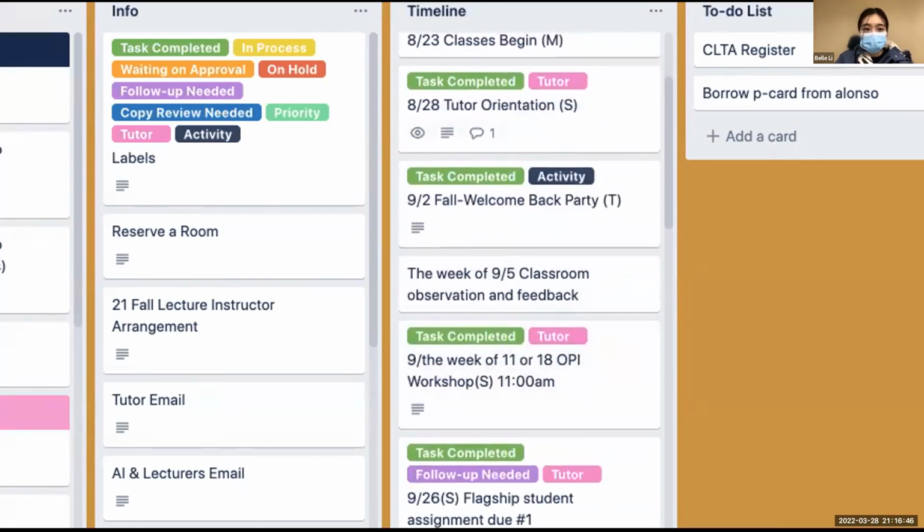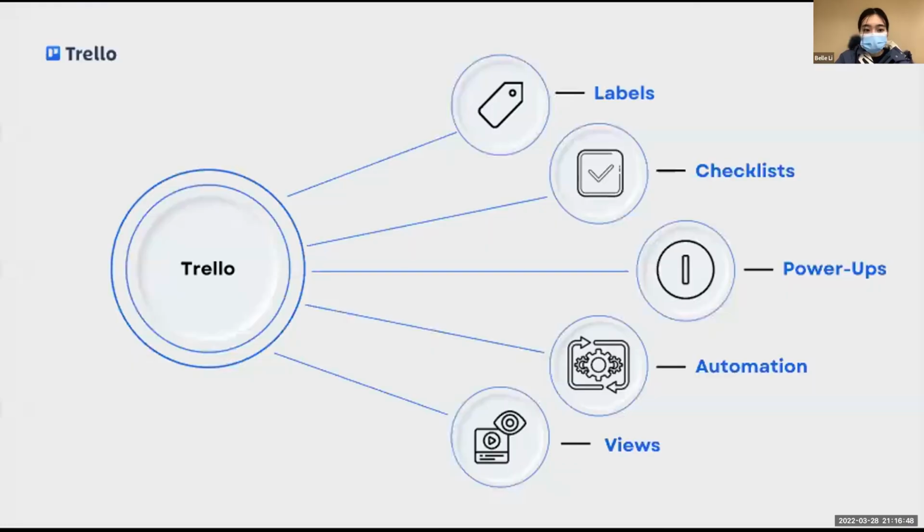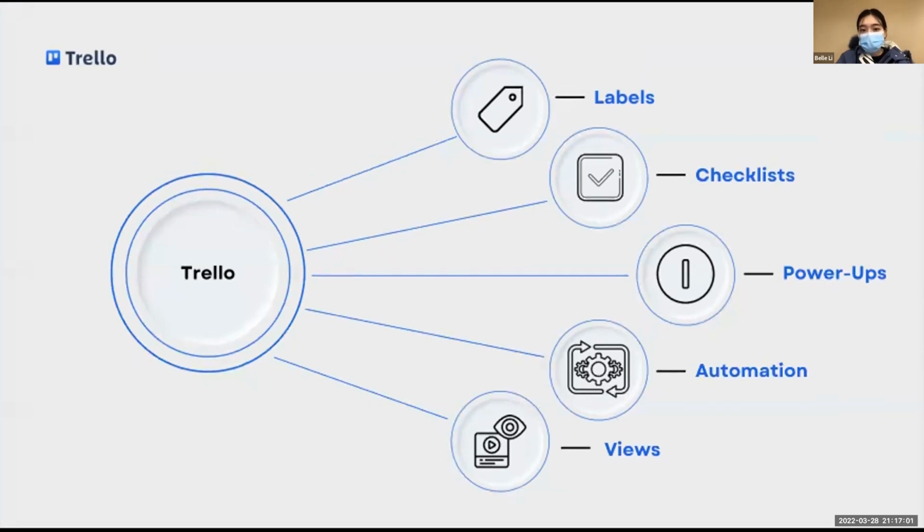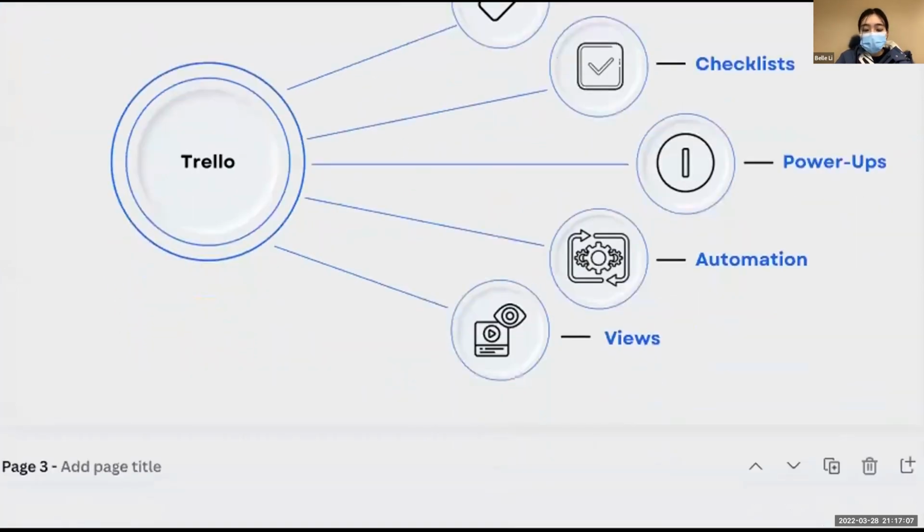You could also use them to categorize a repository of cards by subject, just like your Trello board. Trello labels are customizable as well. And it also can do checklists, power-ups, automation, and views.